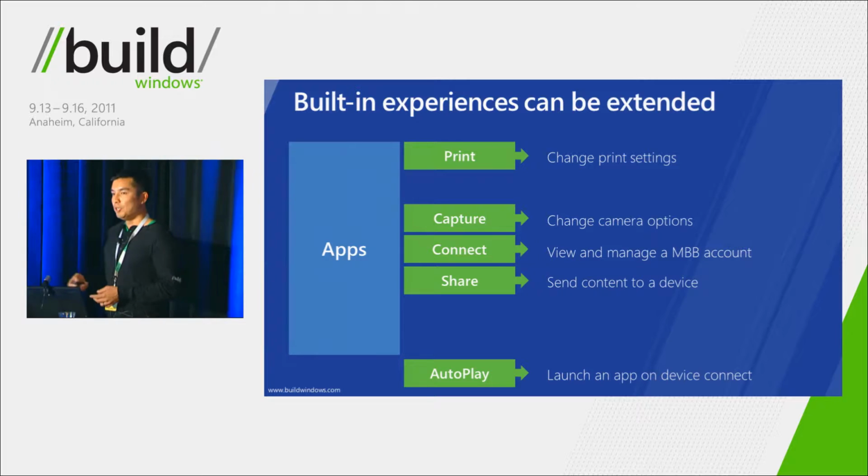If you are a mobile broadband provider, you can connect in so that applications are aware of the cost of the data network they're on. And if you have a device that can receive content or transform content in some interesting way, you can connect through the share contract and extend your device out to any Metro-style app that supports share. And finally, autoplay. I'll get to autoplay in my second demo.